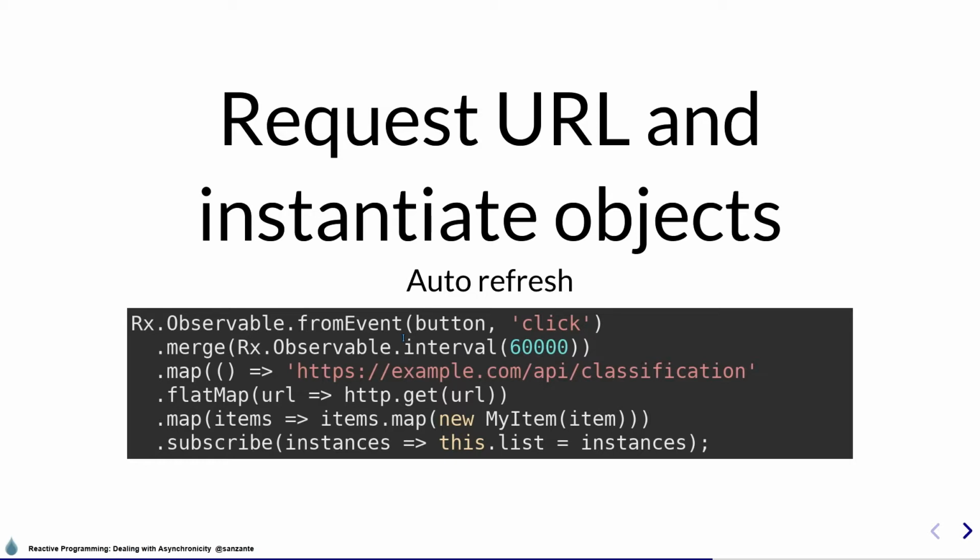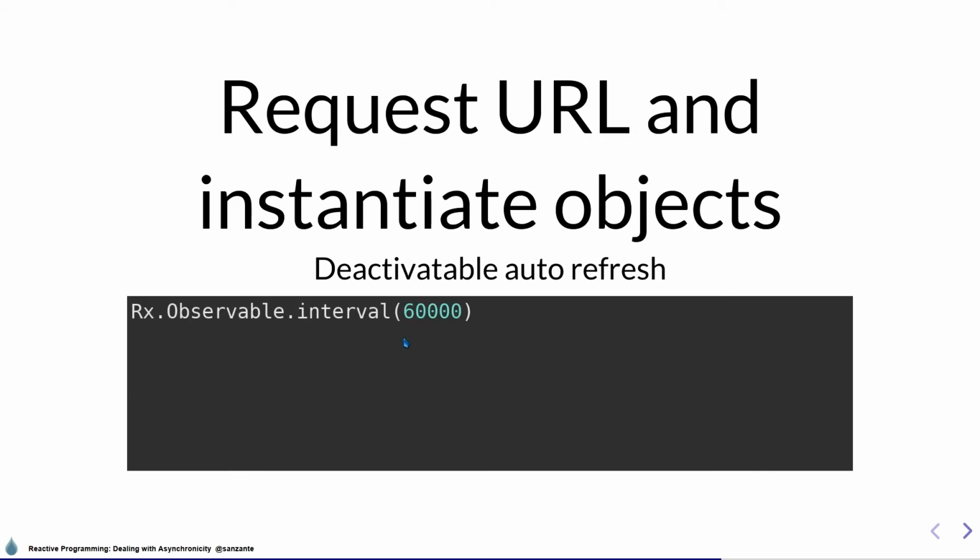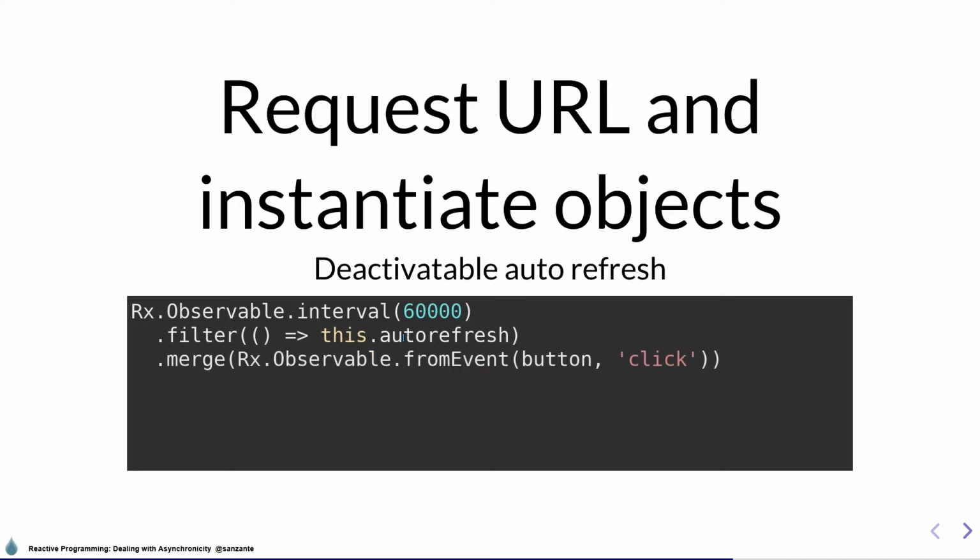And if we want to have the auto refresh be deactivable, well, then we start with the observable that emits a value each 60 seconds. Then we have an operator to filter those values when the auto refresh is off. So while it's off, no values are emitted from the filter.